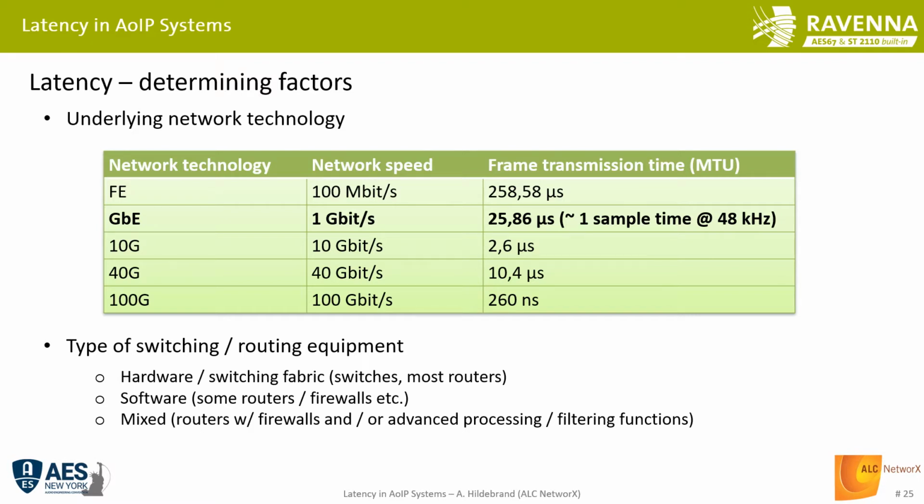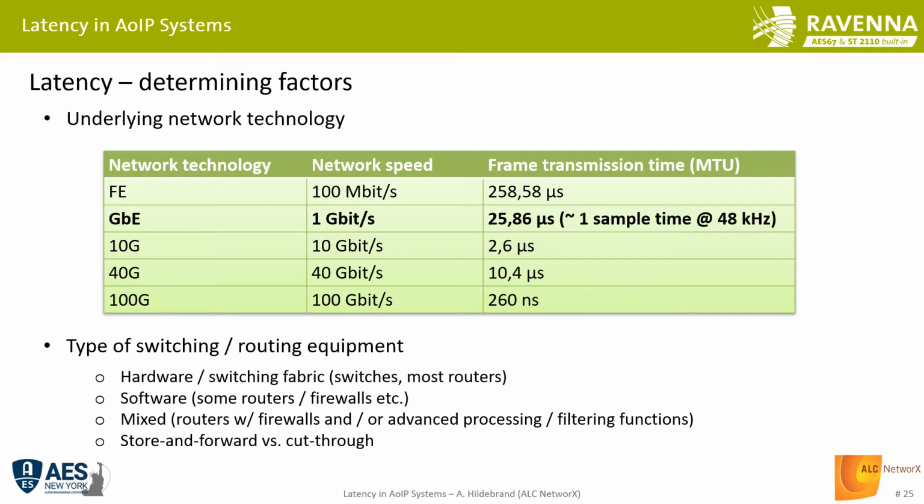Now, and then there is some switching technology which is called store and forward. That's the standard forwarding technology. So a packet is being taken in by the switch and it's only forwarded once it's being received completely as a full packet. That's store and forward. That's the traditional forwarding technology. More advanced technology has what we call cut-through.